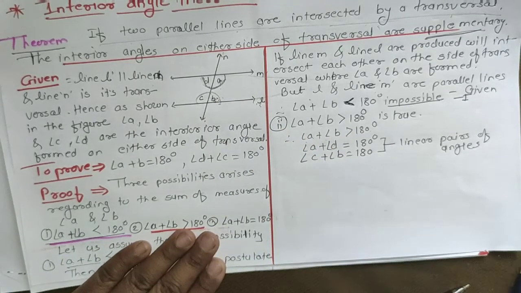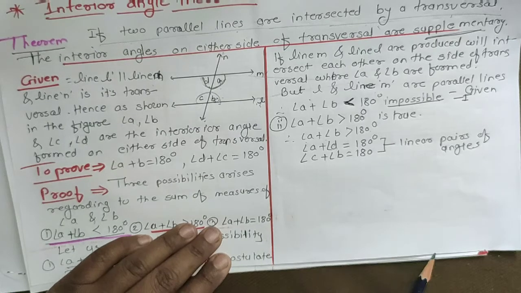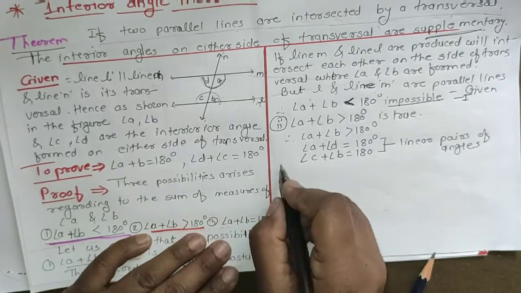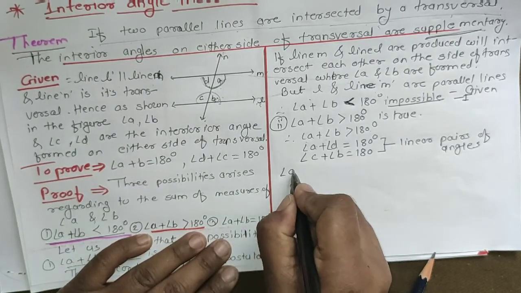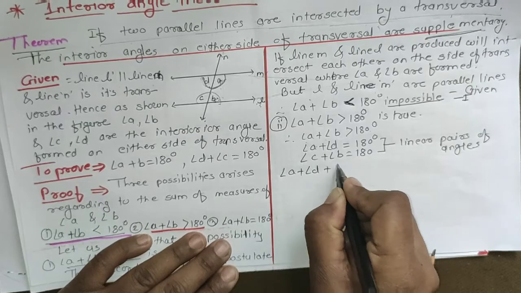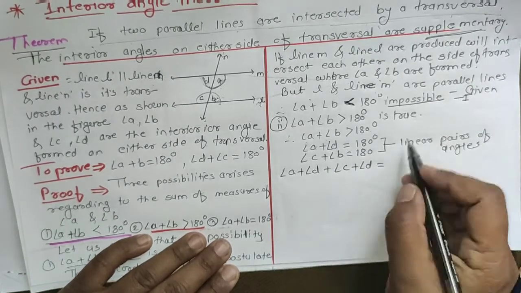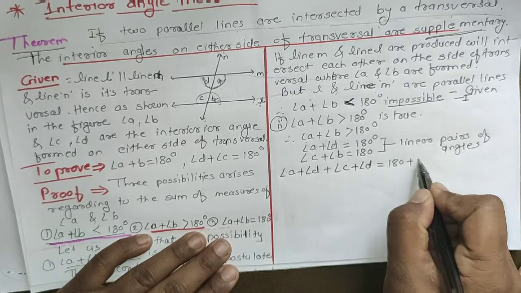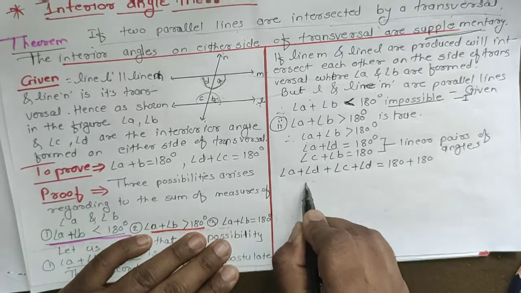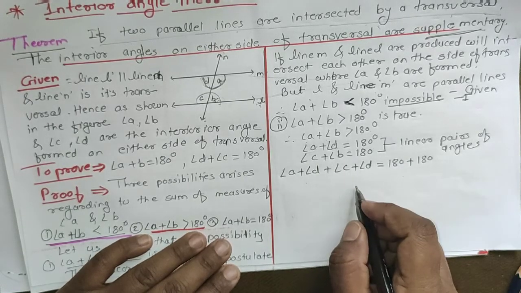Now if we add all this, angle A plus B plus C plus D. So here I will add angle A plus angle D plus angle C plus angle B is equal to 180 plus 180. LHS we add and RHS also we add here.